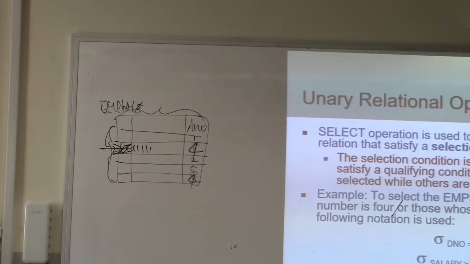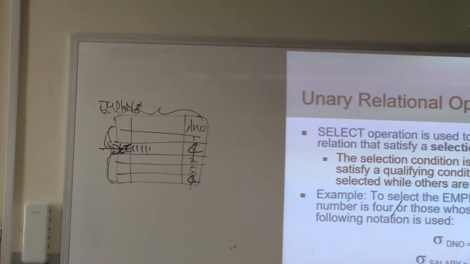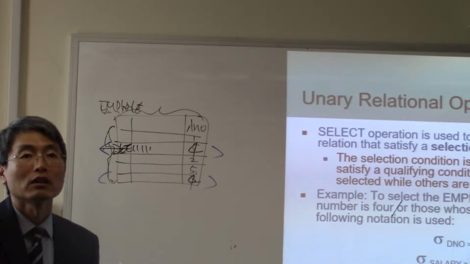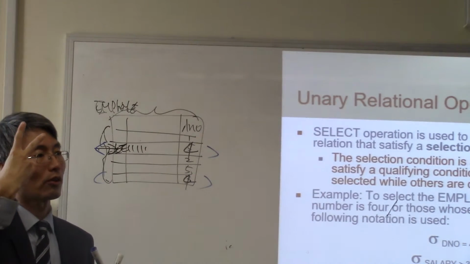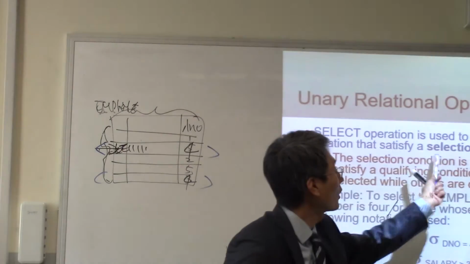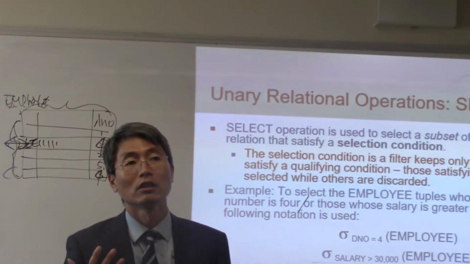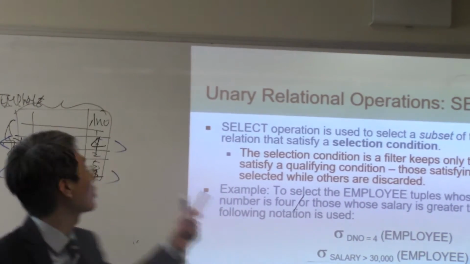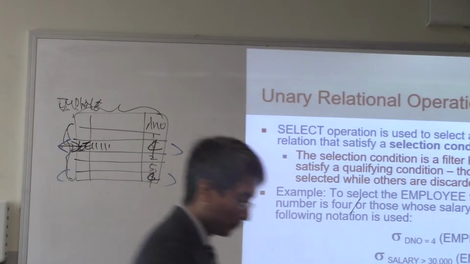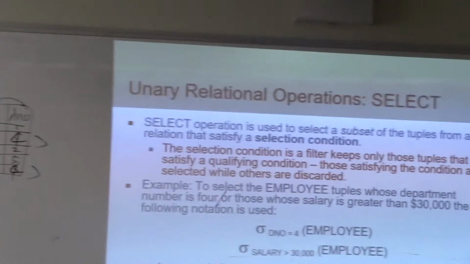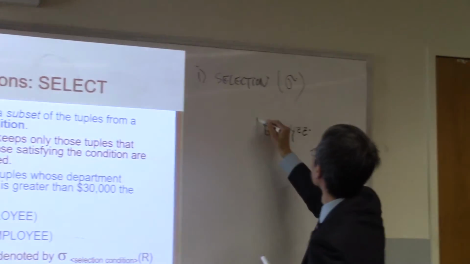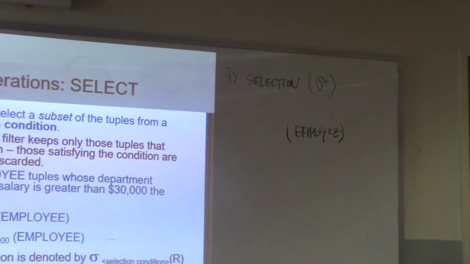That means we want to access the data, this one and this one, right? There are two things we need to consider. One is the name of the relation. From the employee, we'd like to retrieve those whose department number is 4. That is a condition. So employee is the target to access.